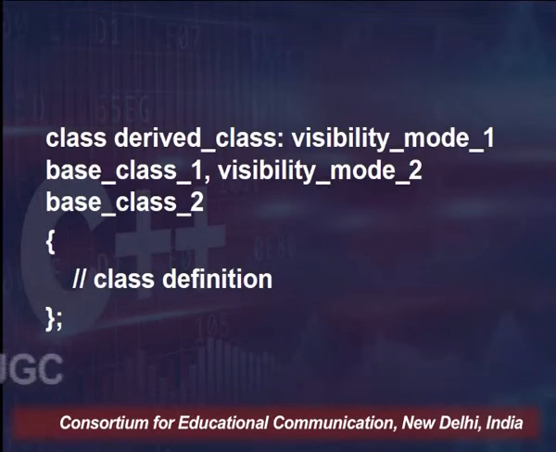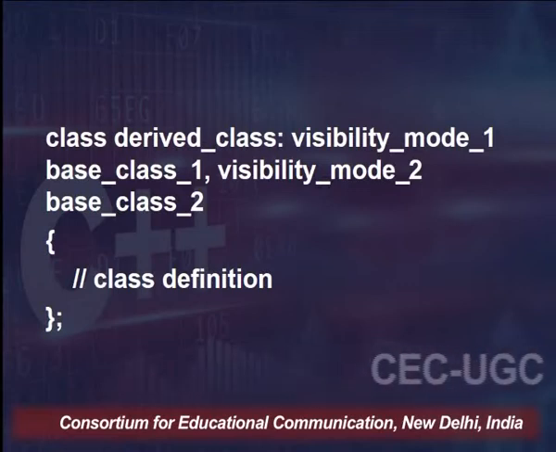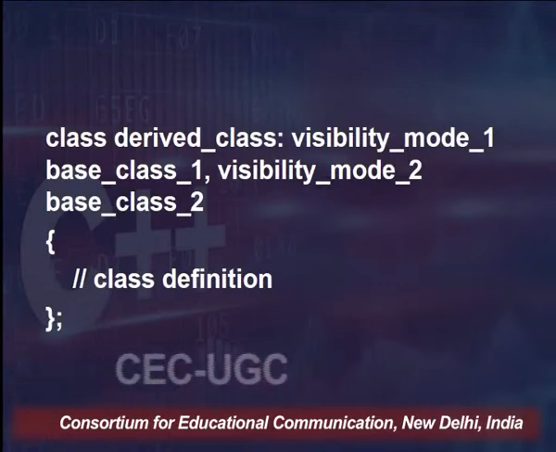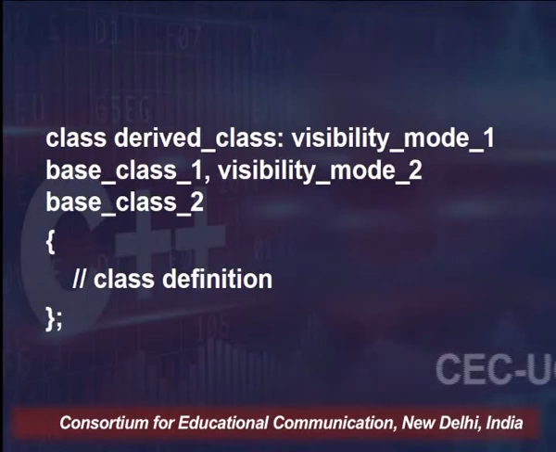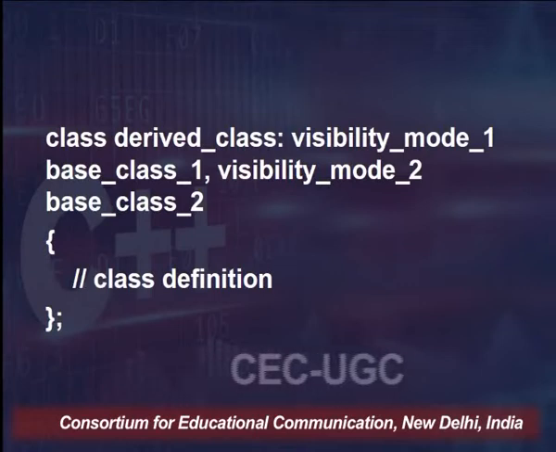For example, base class 1 has to be inherited in public mode. We will say colon public base class 1, comma protected base class 2. So in this situation, what are we trying to specify? We are trying to specify that there is a derived class named derived underscore class having 2 base classes.